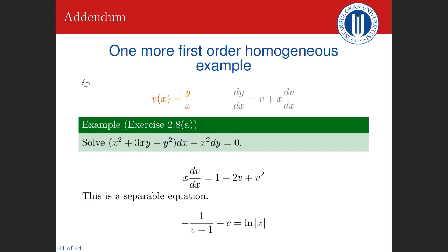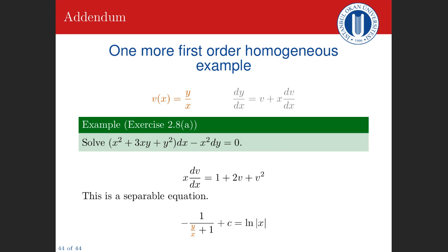Now that we have an equation for v, we want to substitute back in. I want to use this orange formula again. Instead of v, I want to write y divided by x. There we go.